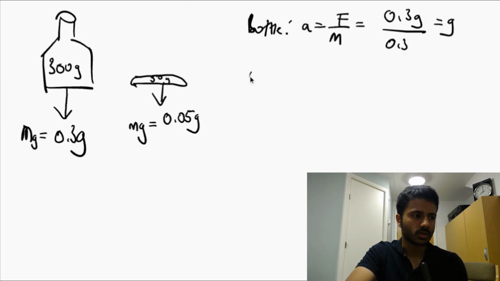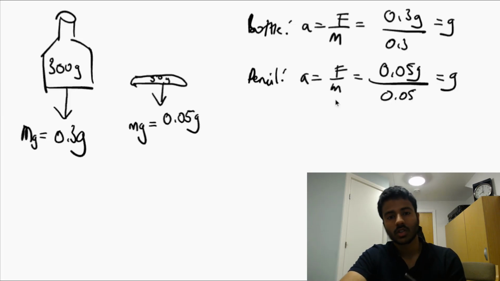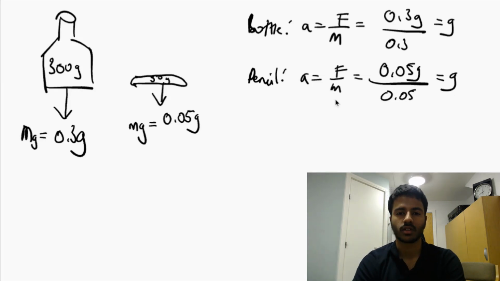And for the pencil, we get A equals F over m, which is equal to 0.05 g over the mass, which is 0.05, which is also g. So they have the exact same acceleration, which is why they both dropped and fell at the same time. Now there may have been a slight discrepancy due to air resistance, but in the ideal case, if this was done in a vacuum, they would both fall and hit the floor at the exact same time.